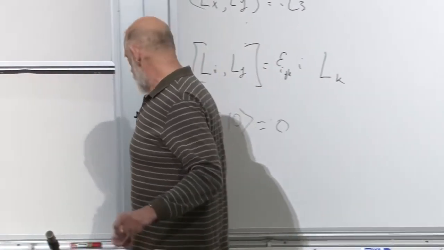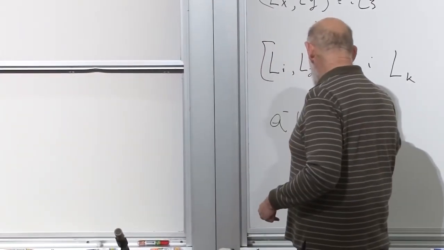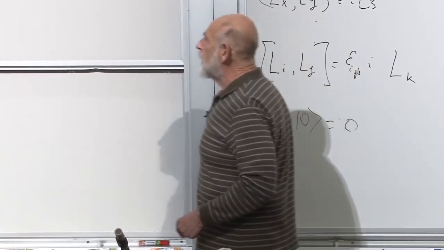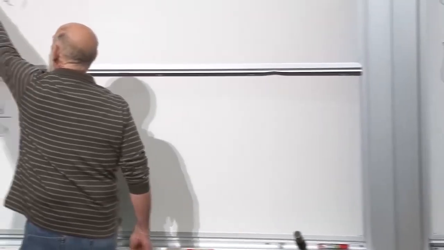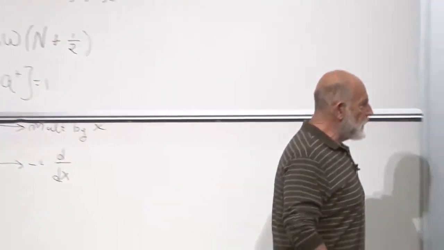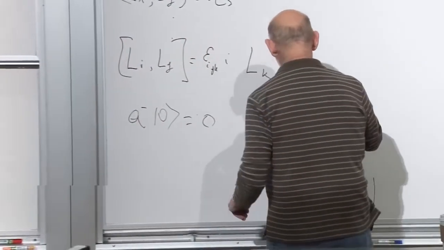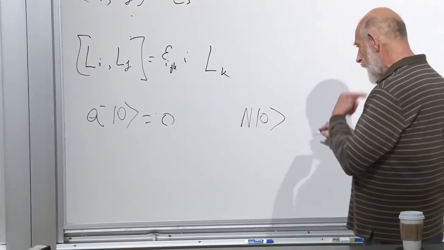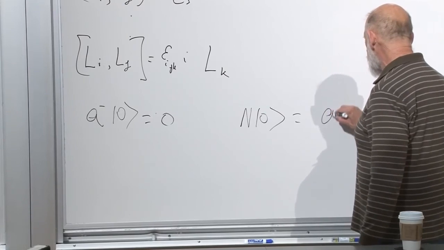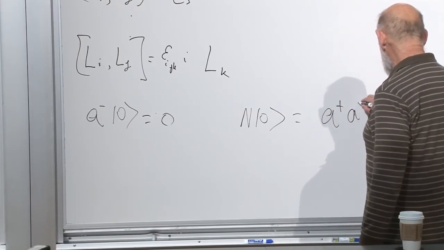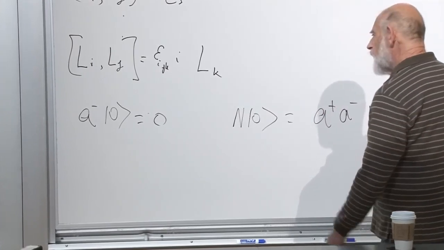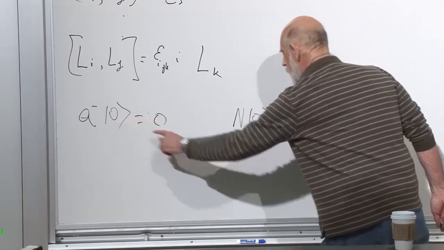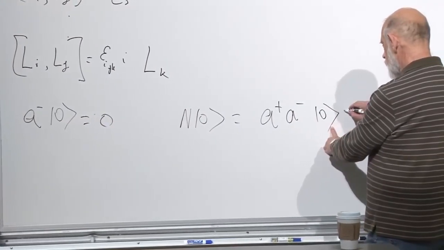Now, once we know that A minus on O gives 0, then we can look at N. So let's look at N now. What does N do when it hits the bottom state? Well, it is by definition A plus A minus on O, but we already know that A minus on O gives 0, so this is 0.